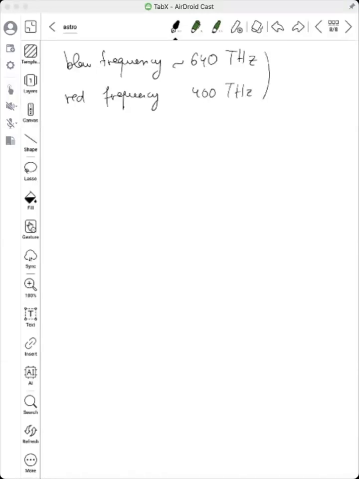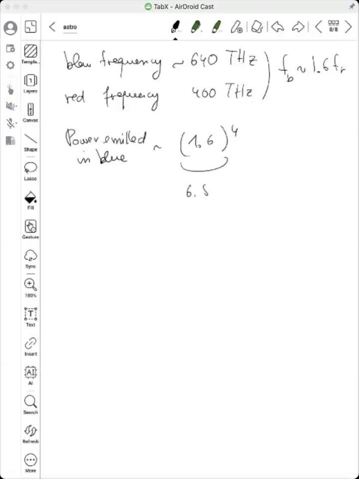So F blue is about 1.6 F red. And so the power emitted in blue is about 1.6 to the 4, so this is 6.5 times the power emitted in red.